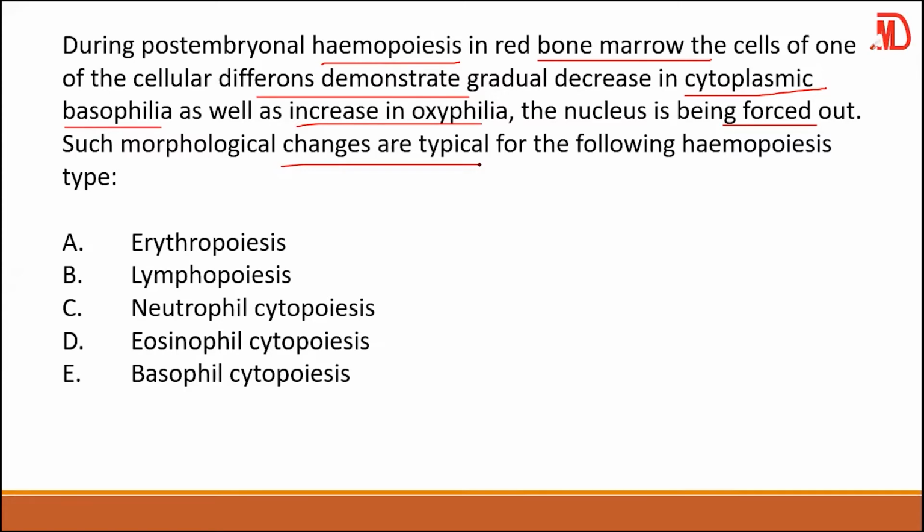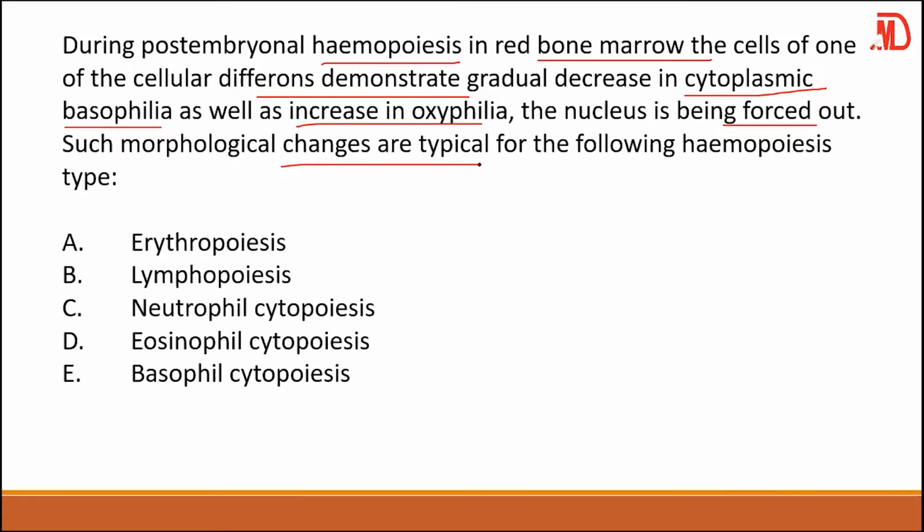That's where we have the stem cells that begin to differentiate and develop into the red blood cells, into the neutrophils, into the lymphocytes, and so on and so forth.